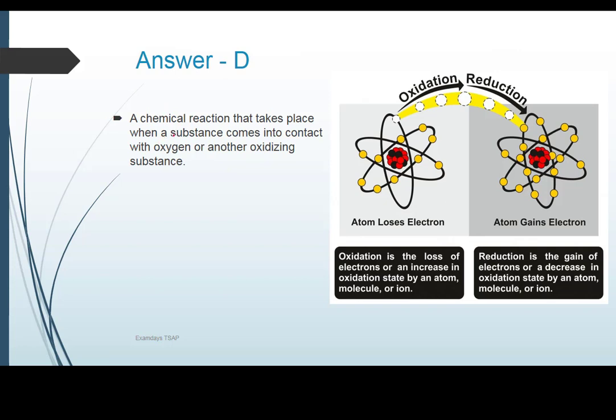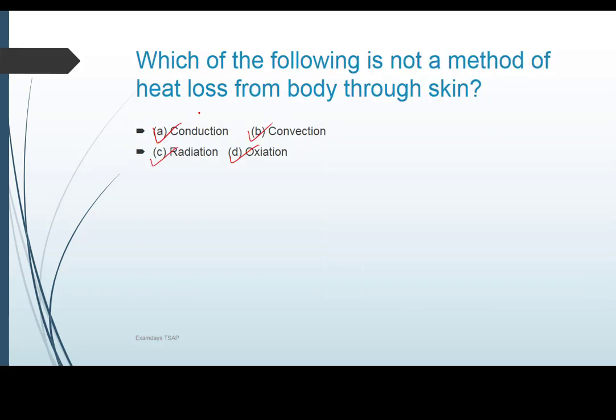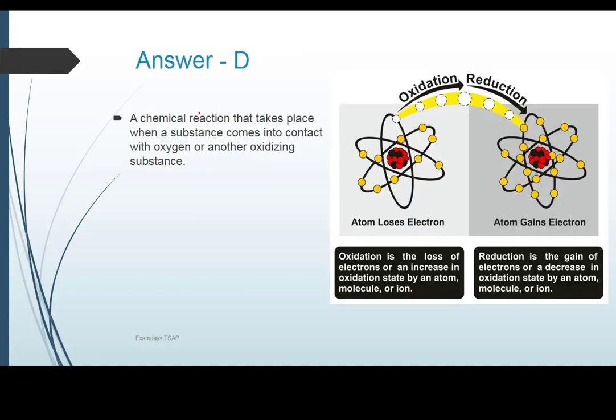oxidation. The explanation given is that oxidation is a chemical reaction that takes place when a substance comes into contact with oxygen or another oxidizing substance, hence we call it oxidation. So it is not a method of heat loss from the body through the skin.